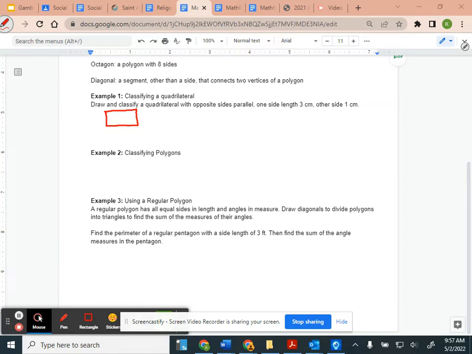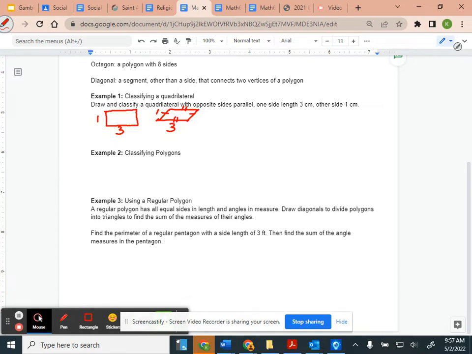Is it just going to be a rectangle? We could have a parallelogram as long as opposite sides are parallel. So it's not telling us exactly what it looks like, but it's giving us an idea. So if they're telling you to draw one of your shapes, you really have to think of what it's going to look like.